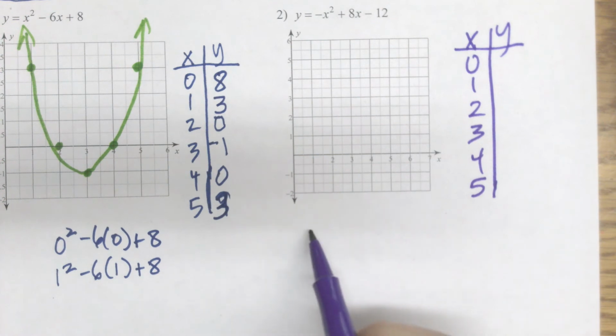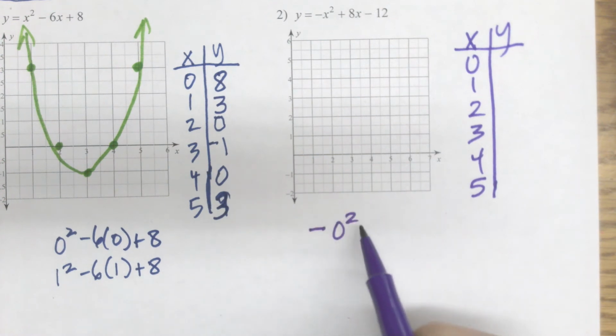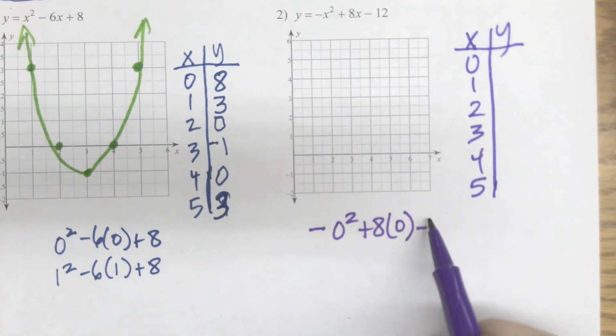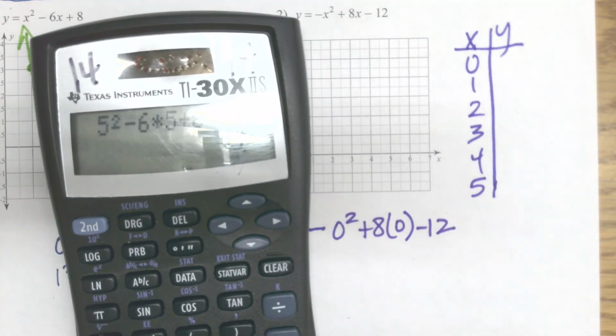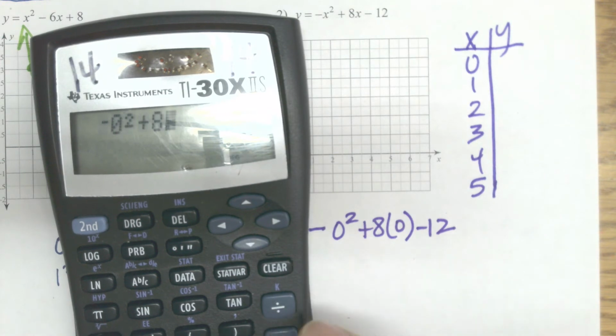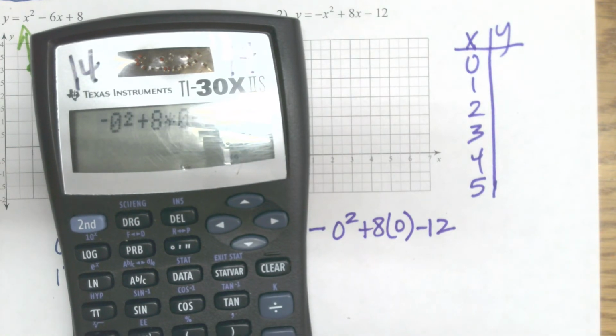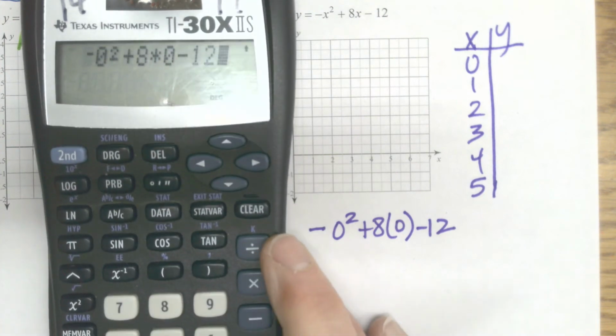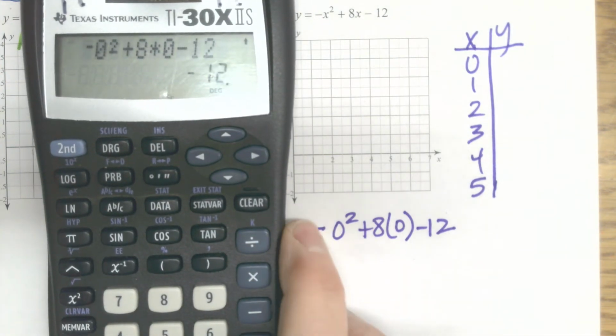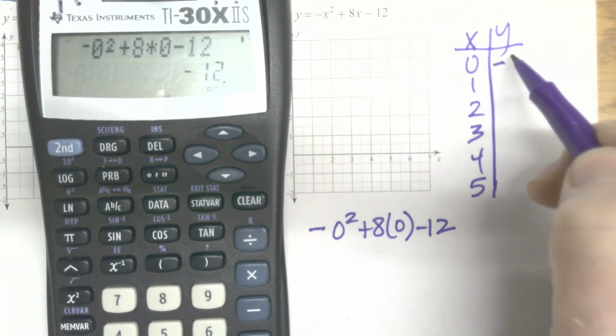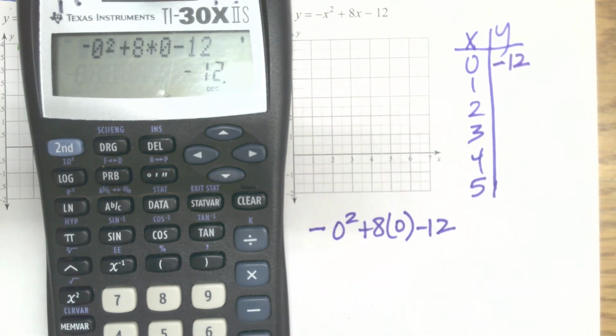So it's the opposite of 0 squared plus 8 times 0 minus 12. And just keep plugging them in. The opposite of 1 squared plus 8 times 1 minus 12.